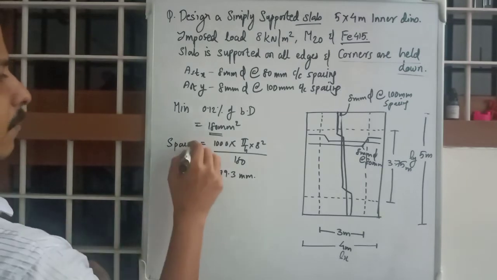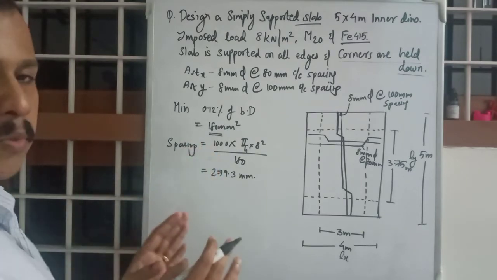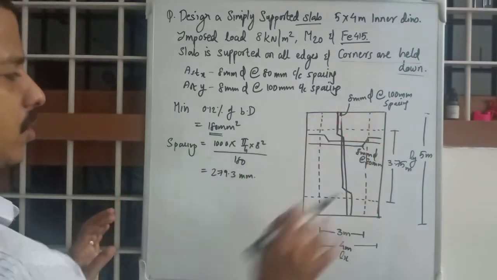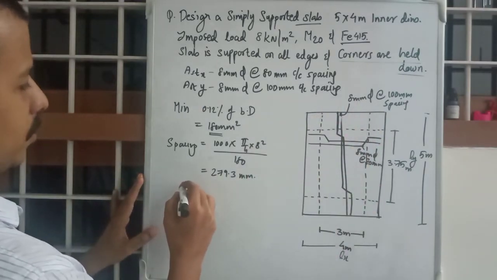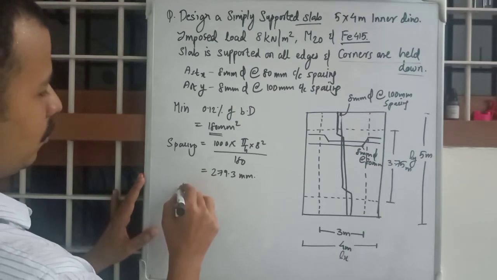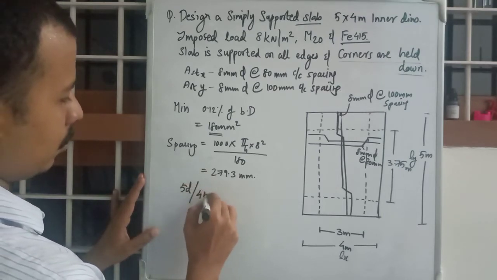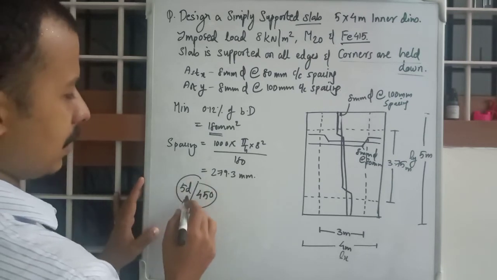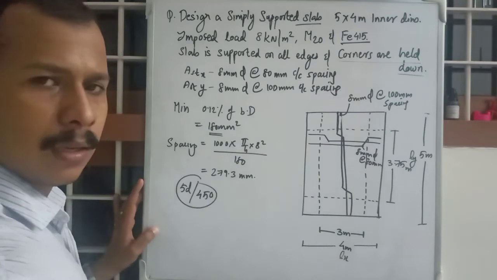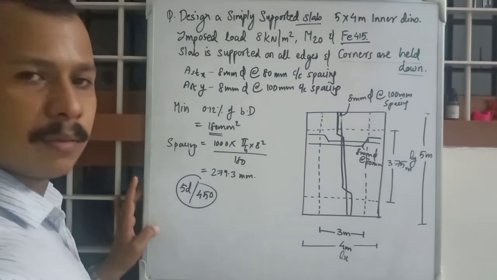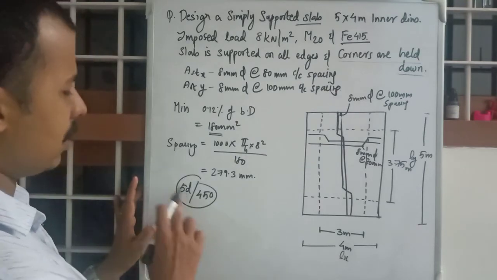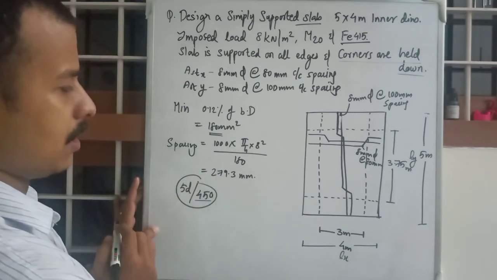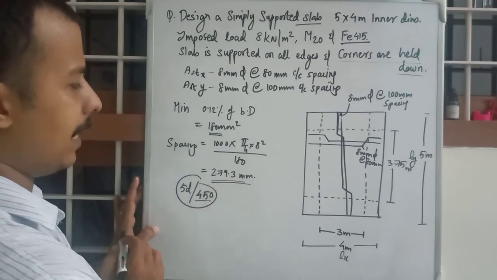Okay, so checking for maximum spacing in distribution. This is a distribution reinforcement, right, in all four edges. So maximum spacing is 5D or 450, right? So obviously if you check it, D is always greater than dy or dx, whether it is dy or dx, it is greater than 100. So this will be the lesser value, and obviously it is greater than the calculated spacing.